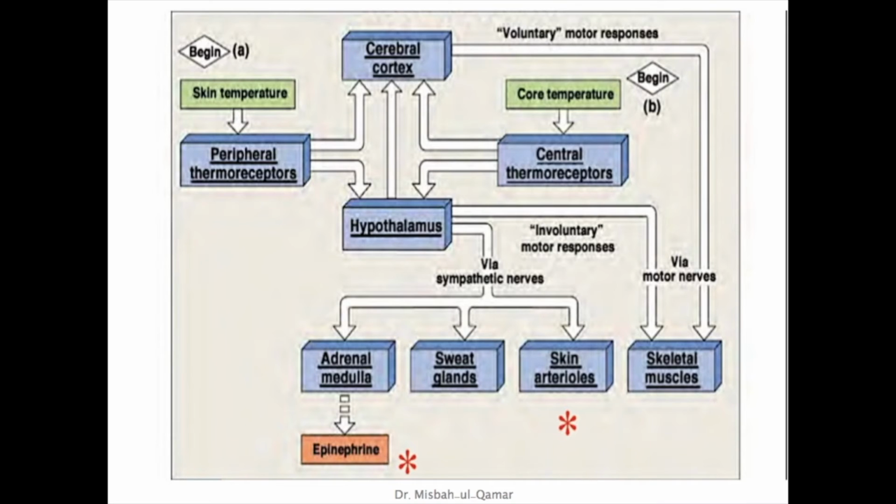But the question is, how do these effectors bring about a change in the body temperature, or how do they make the body capable of coping with the changes in the ambient temperature? So there are some mechanisms for decreasing or increasing the body temperature. We will have a look at these mechanisms one by one.